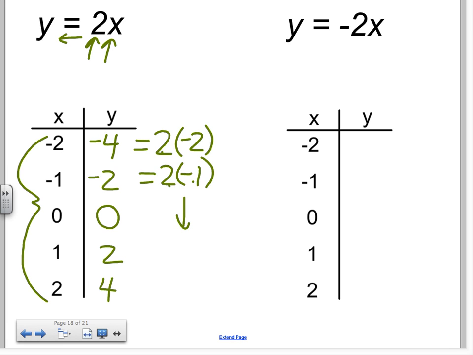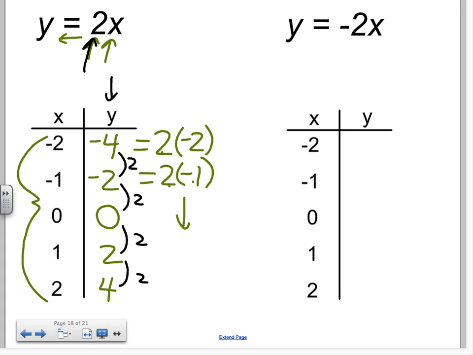Now, some of you might see that the distance from here to here, here to here, is 2, 2, 2, 2, and it's going up 2, and there's your k. If it's going down 2, like the next one, obviously our pattern is going to go down 2. So the pattern in your y column helps you know what your k is and helps you figure out if you filled your table in correctly.